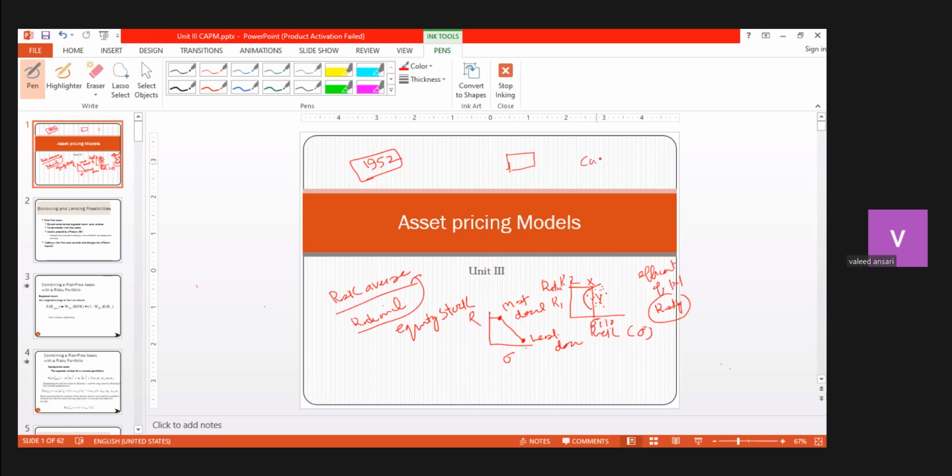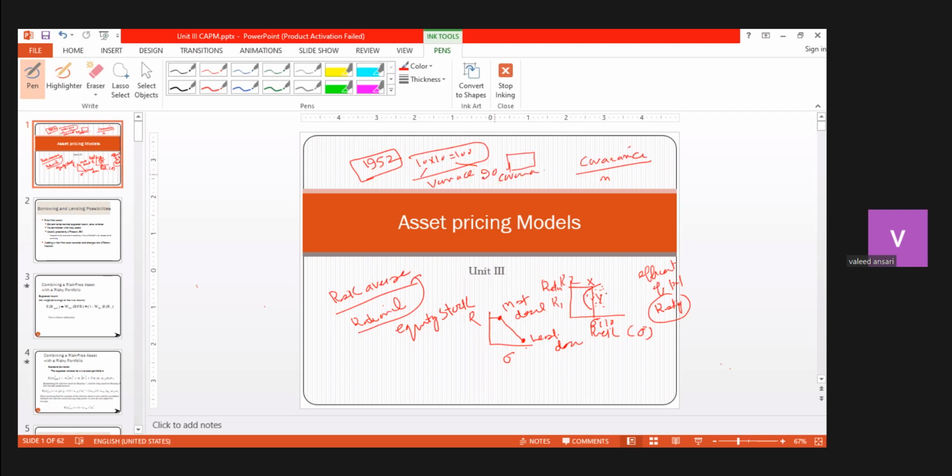And this idea, that covariance becomes more and more important. For example, if there are 10 securities, then there will be 100 variance-covariance terms. 10 will be the variances, that is the risk of an individual security, and 90 will be covariances.